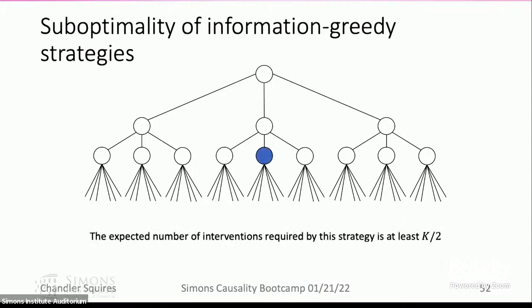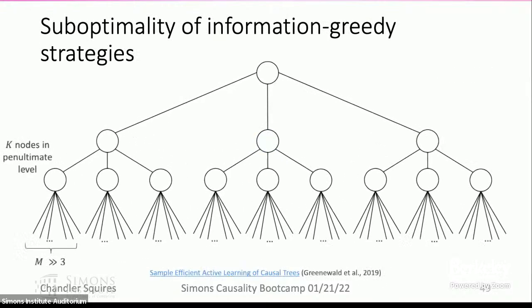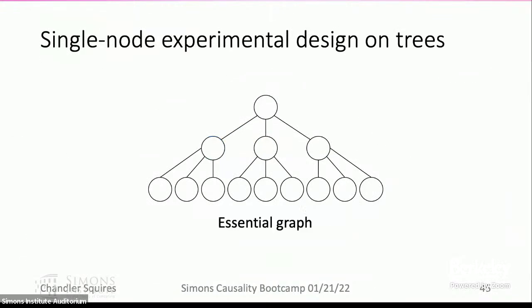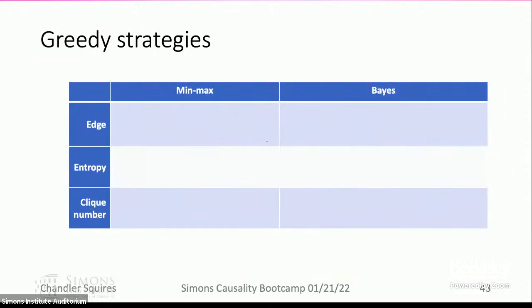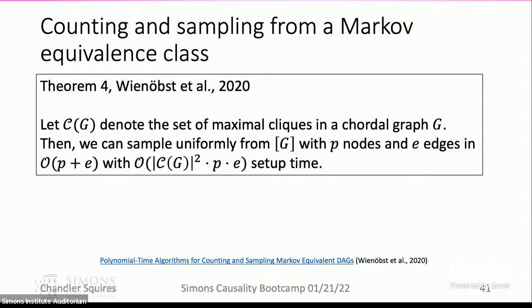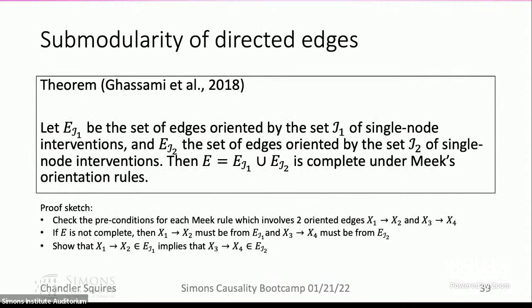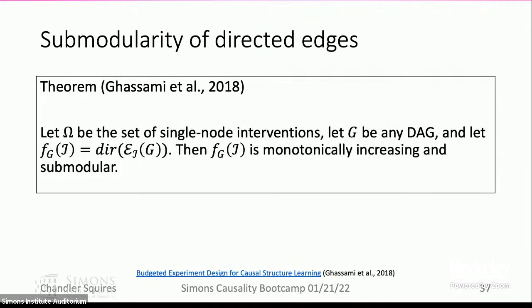So the only thing that I'm aware of is one paper in the passive setting and some follow-up work. What they do is you're allowed to assign for each node the cost of intervening on that, but then for each intervention, the cost is just the sum of intervening on all the nodes.